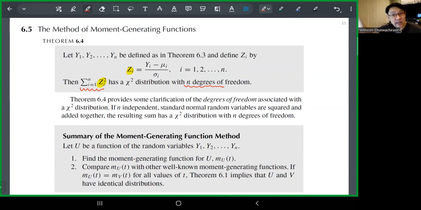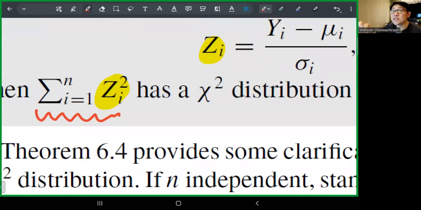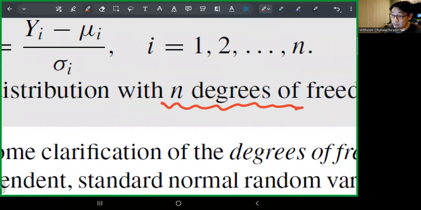It comes nicely like this. If you only have a single z squared, it's going to be chi-square distributed with 1 degree of freedom. And then this method extends you to even the sum of the z squared, showing that it's still chi-square, but with n degrees of freedom. That's one big example, the whole train of thought.